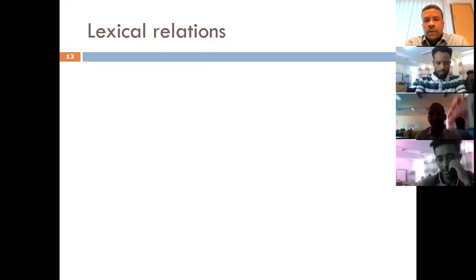If you recall, last Saturday what we said is that semantic information in a language or in any conversation, whether written or spoken, can be documented using different approaches. The first thing that we have seen to represent semantics is what we call semantic features.